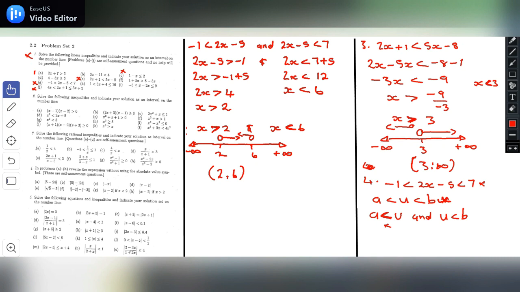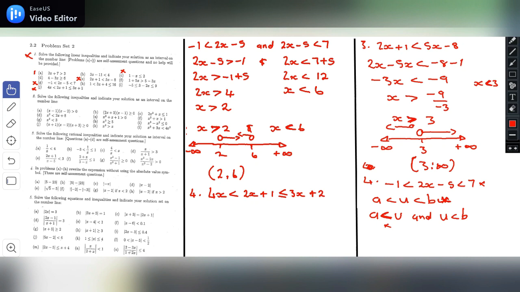So now let's come to J, the last example, which is 4x is less than 2x plus 1 is less than or equal to 3x plus 2. You can pause the video and try it.